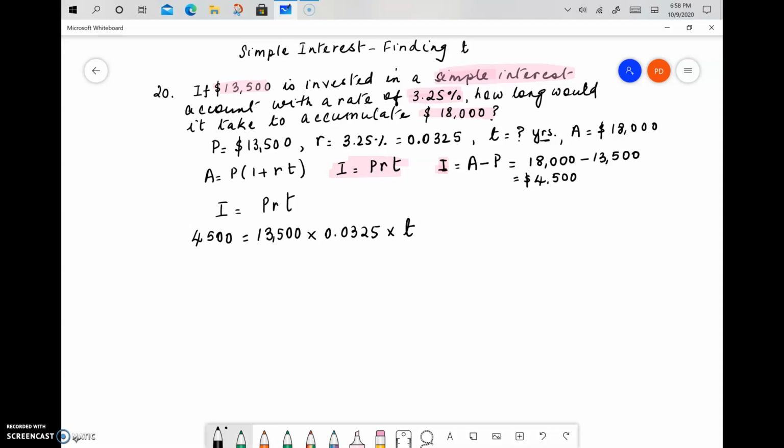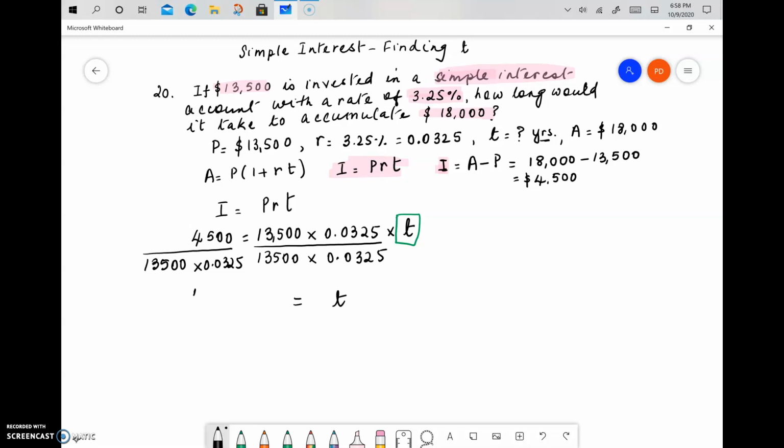Now we have to get t by itself. So we divide both sides by whatever this amount is, that is 13,500 times 0.0325. We do the same thing on the left side, 13,500 times 0.0325, and that would solve for t.